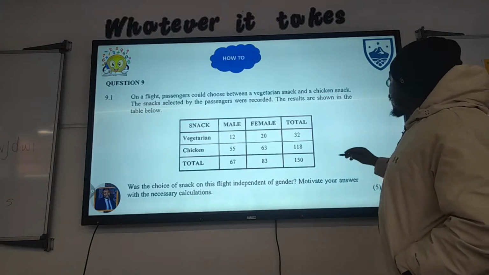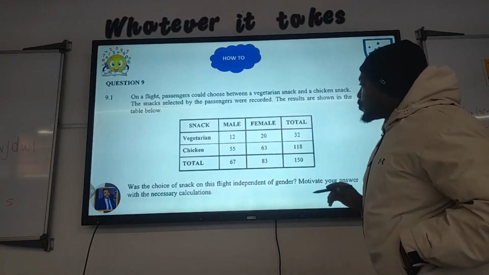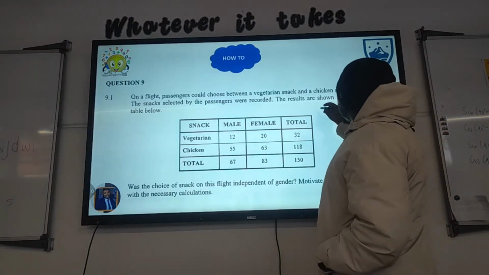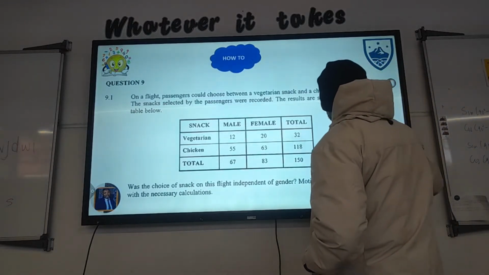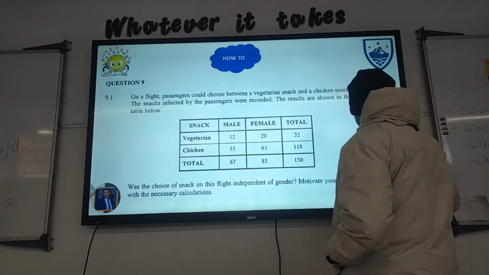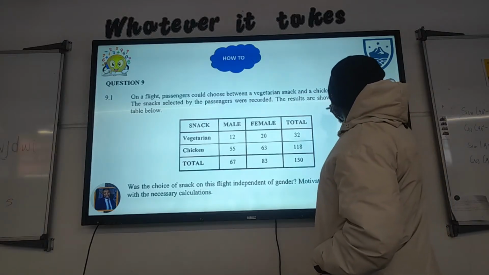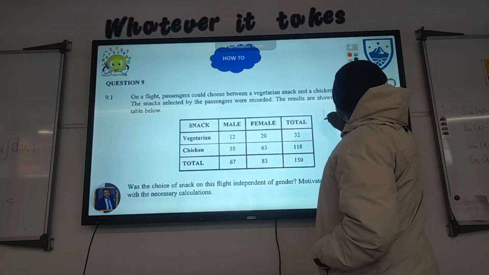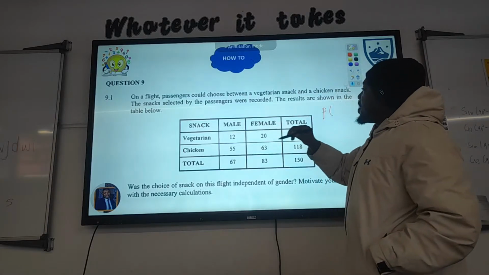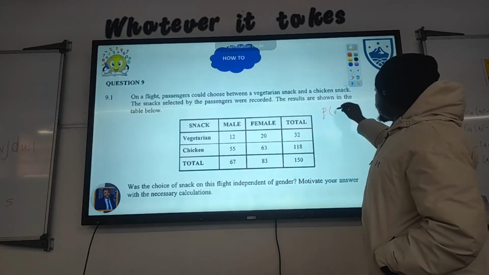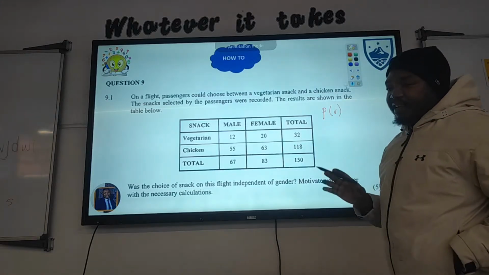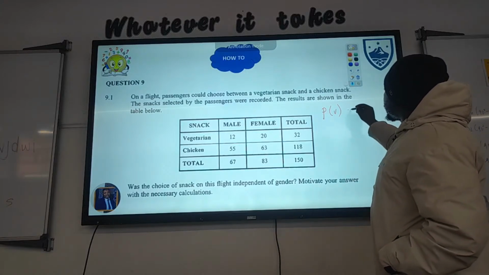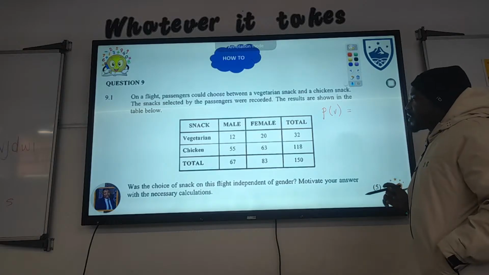Alright, I'm going to now compare the two. I'm going to pick the probability of a vegetarian, picking a vegetarian snack. Let's look at the vegetarian.